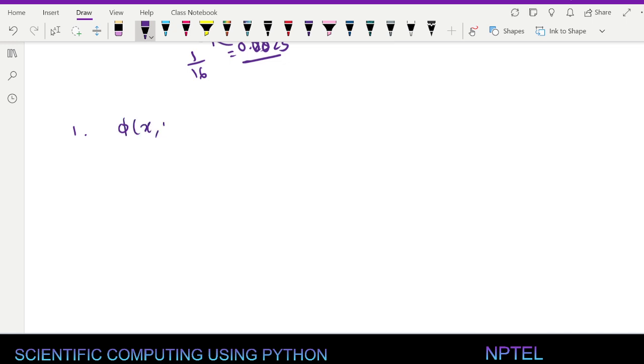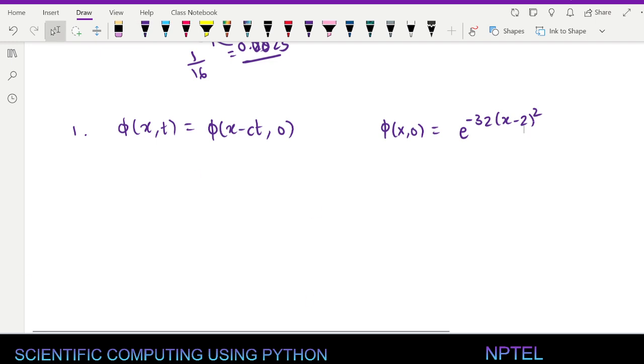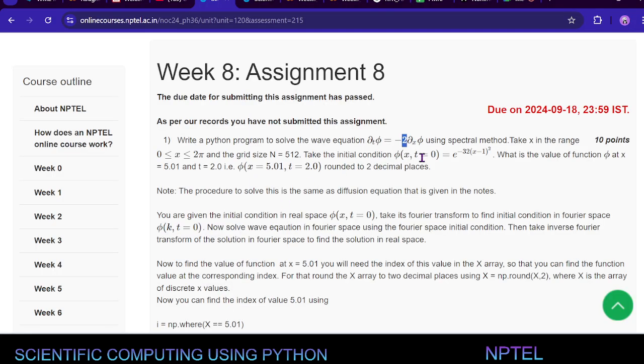So phi of x comma t is phi of x minus ct comma 0, and phi of x comma 0 is given, right? It was e to the power minus 32 times x minus 2 squared, something like this, x minus 1 squared.